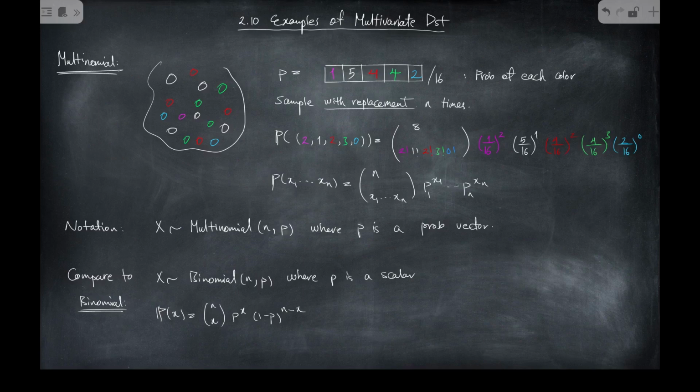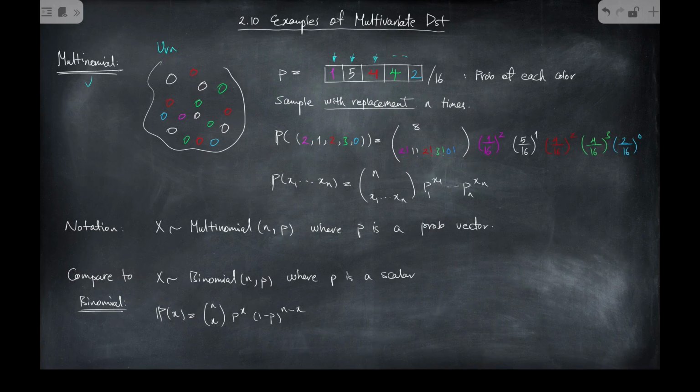Okay, finally, some examples of multivariate distributions. The most important one in the discrete case is the multinomial. You can think about the multinomial distribution as follows. You have this urn, you have some balls in it, and they have different colors, and you have different numbers of them. So you have 1 pink, 5 white, and 4 red, and so forth.